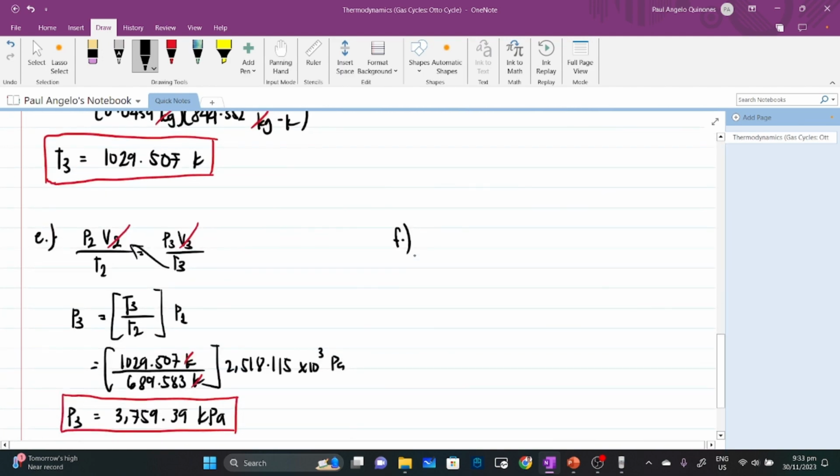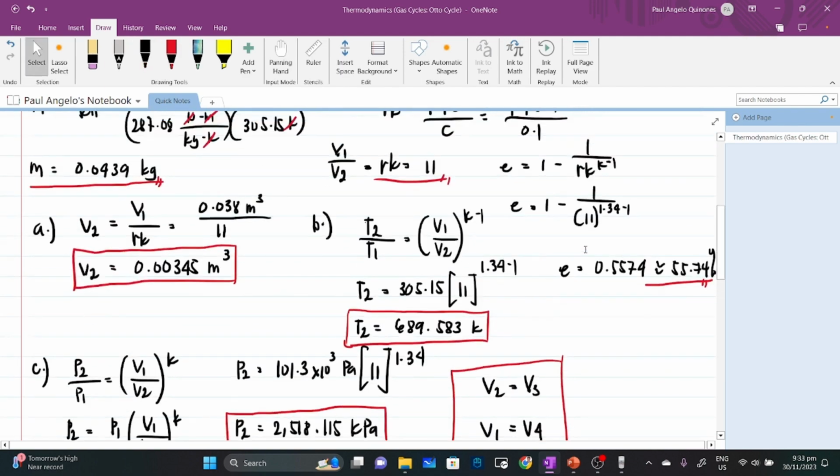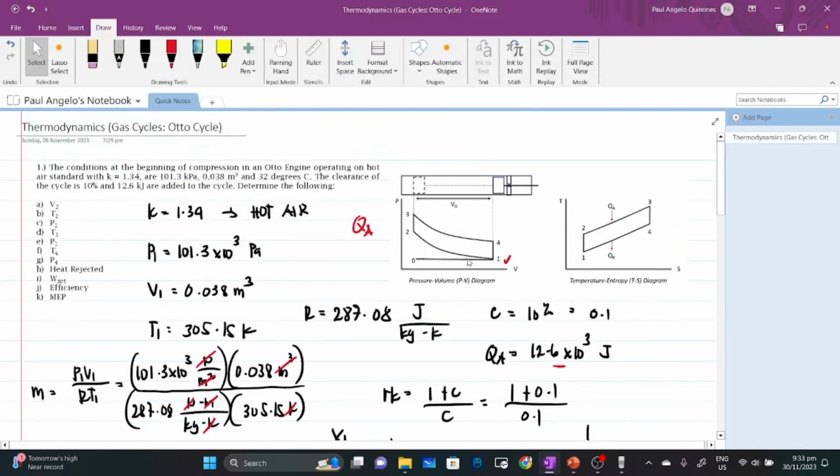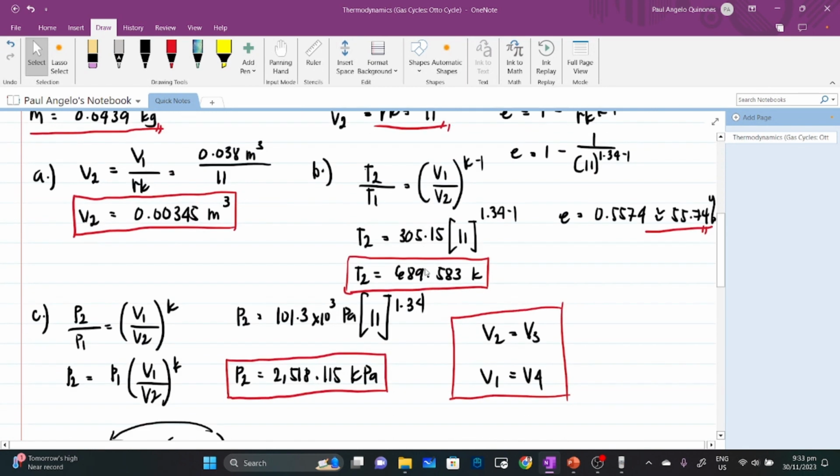We can solve for that using T4 over T3 equal to V3 over V4 raised to K minus 1. But we've concluded earlier that V2 is equal to V3 and V1 is equal to V4. So where did that come from? It came from your PV diagram.